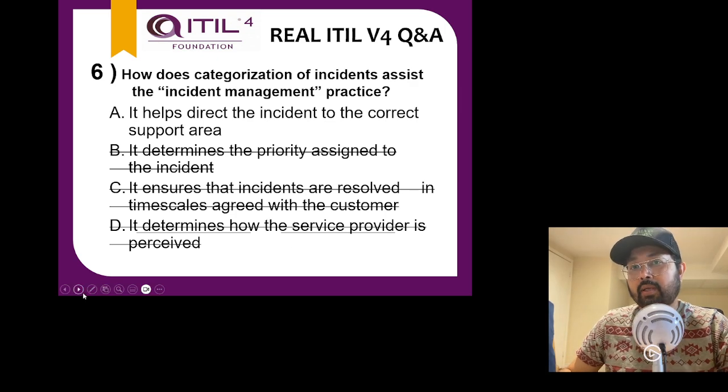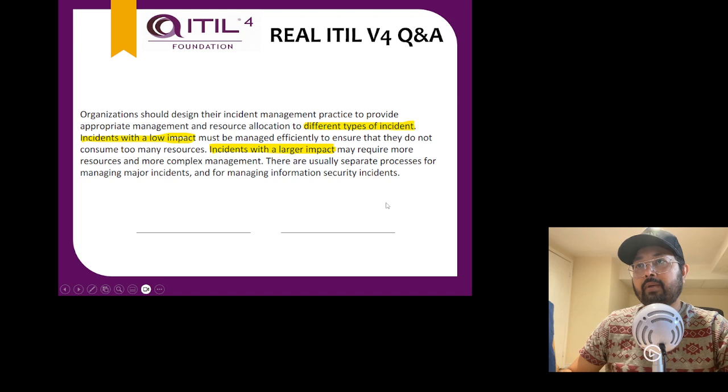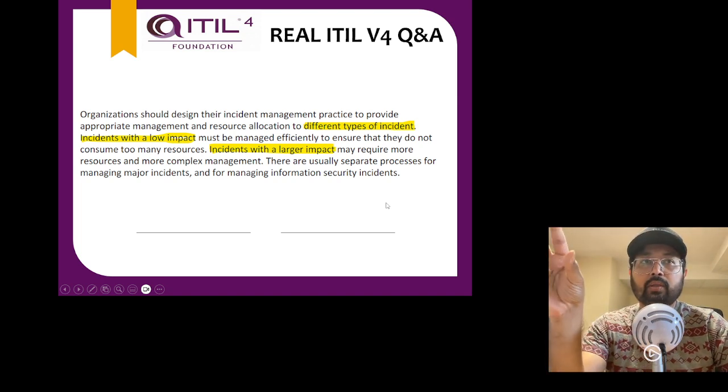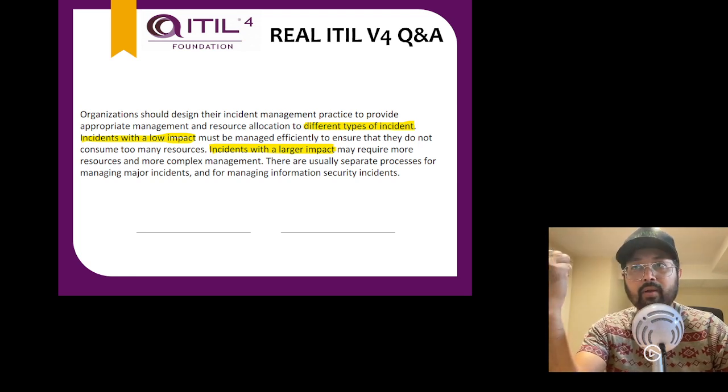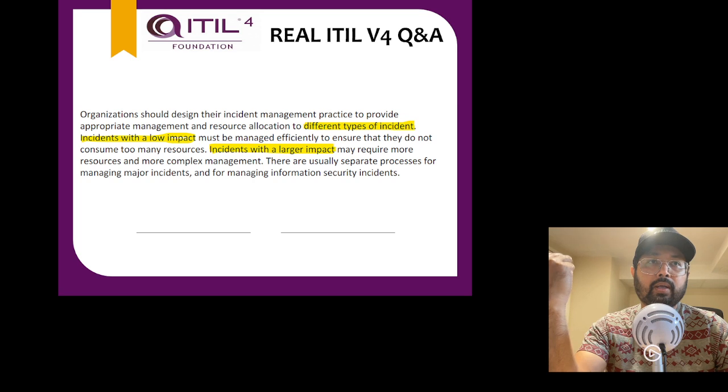So here is the thing, if for an incident with low impact we assign more resources to resolve the issue, and in the meantime there is a higher impact incident, then we will not have all of our resources to resolve the problem.